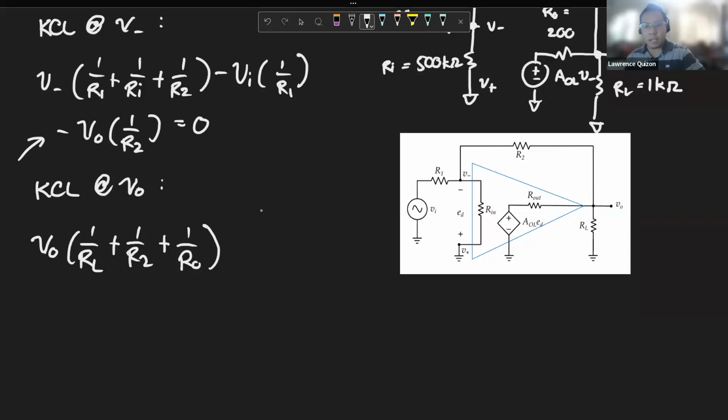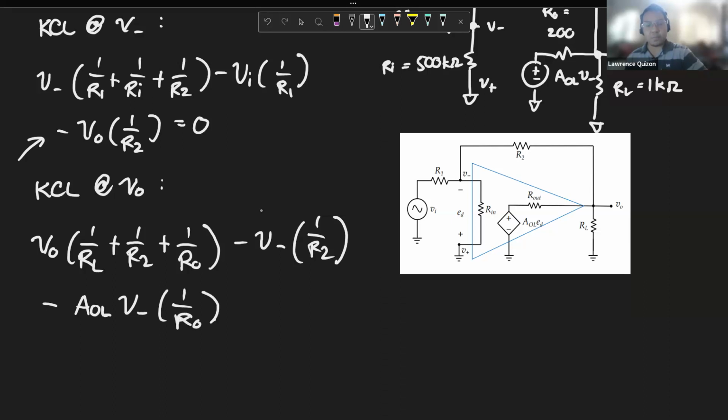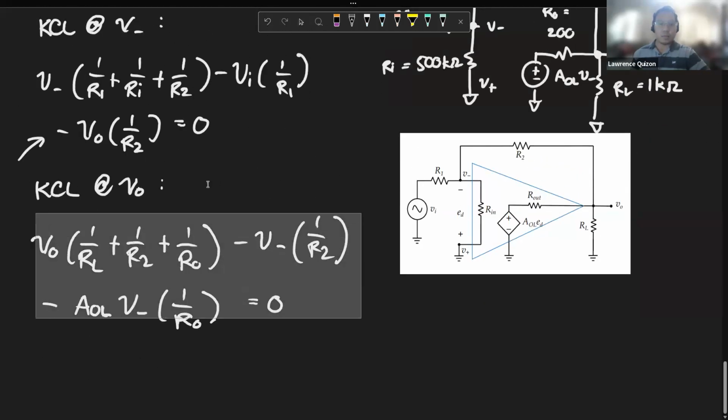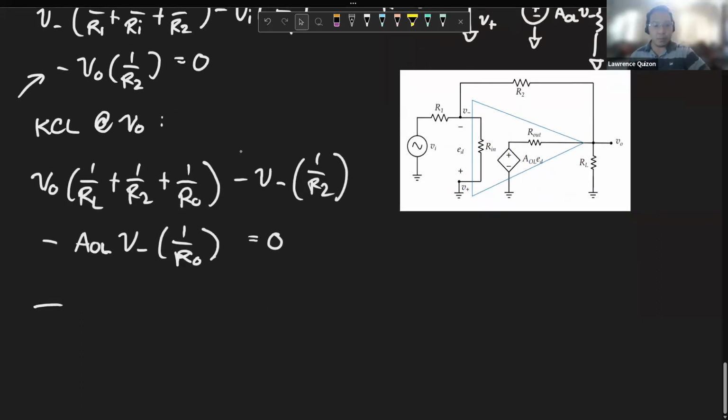Then the opposition is V minus times 1 over R2, also minus the contribution of the open loop gain times V minus, which is your Vx now, times 1 over R out, and that equals 0. We can further simplify this one actually. So copy paste that one.